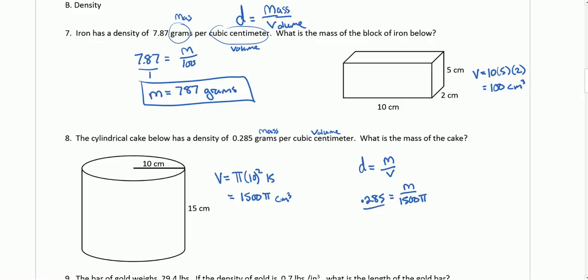So I'm going to cross multiply, and I get mass times 1, which is mass, is equal to 1500 pi times 0.285.